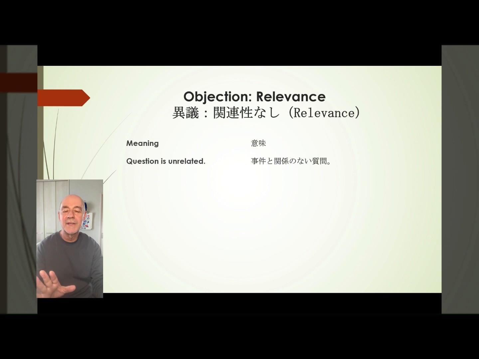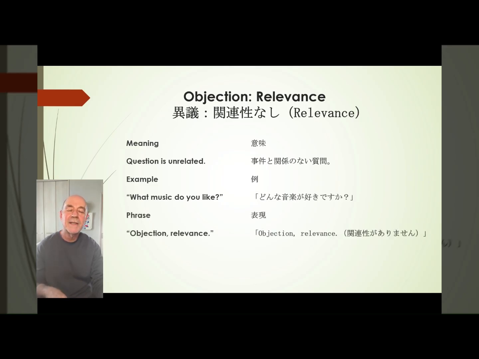So the phrase you would use is, objection, relevance. If the question doesn't have a bearing, it's not helpful, and it has nothing to do with the case, you just say, objection, relevance.